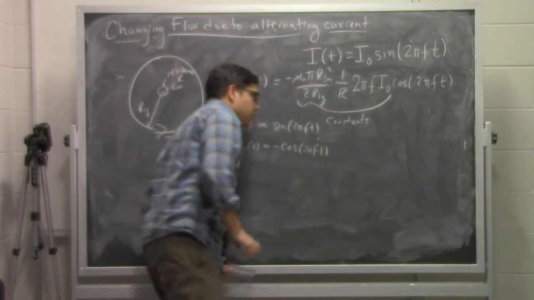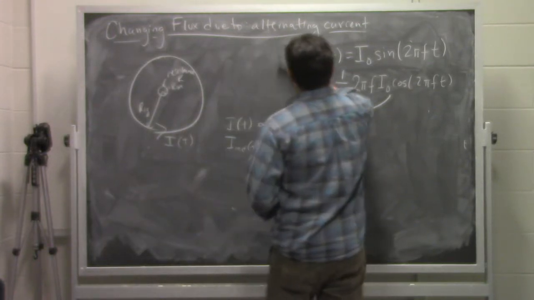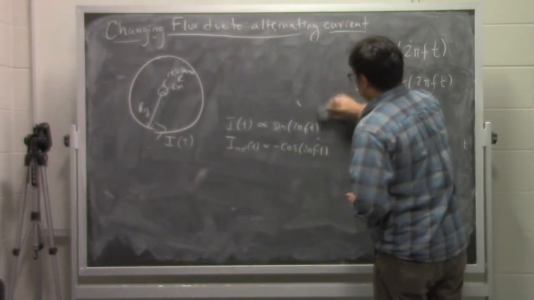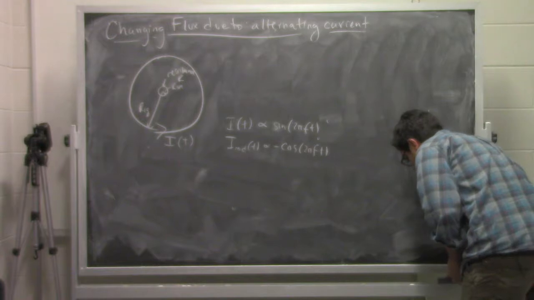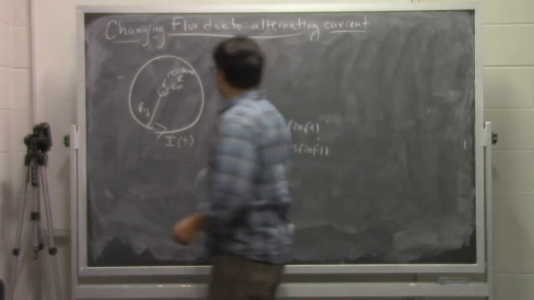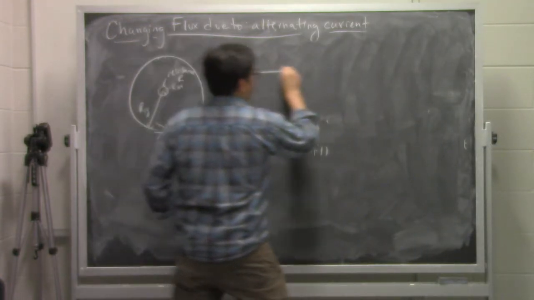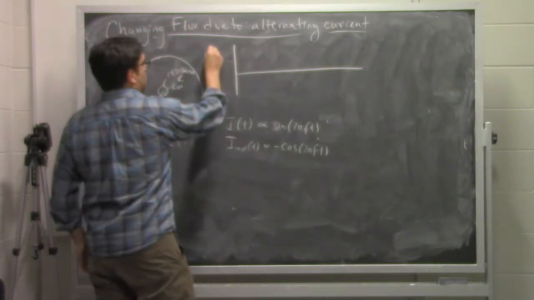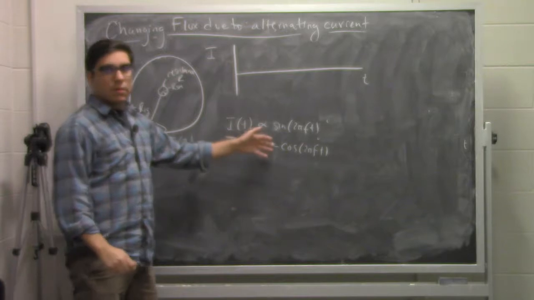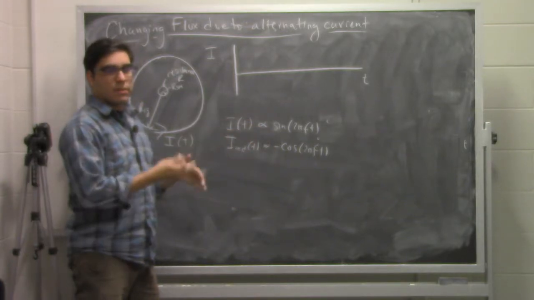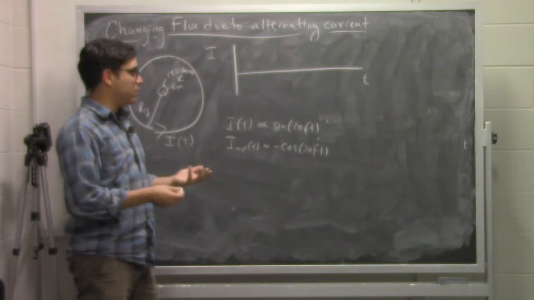So why is that interesting? Let's graph those two things, because this is actually really the heart of Faraday's law. It tells us a lot about what's going on in that loop that has an induced current. So here we have a graph of the current as a function of time. Now, these two have different coefficients out front, so their scales are going to be different, but the time period is going to be the same for both of them.